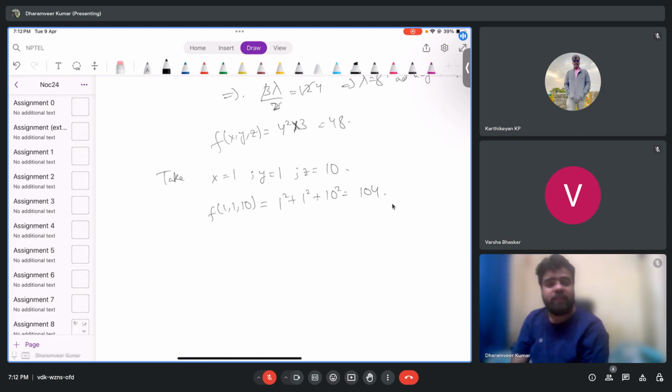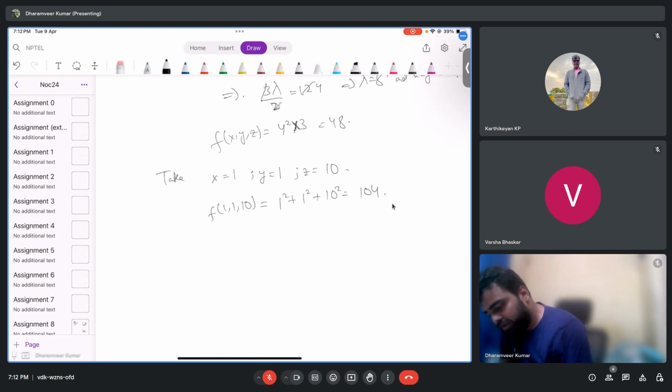There are other ways to solve this problem. Okay, what you can do is (x plus y plus z) square is equal to x square plus y square plus z square plus 2xy plus 2yz plus 2zx.